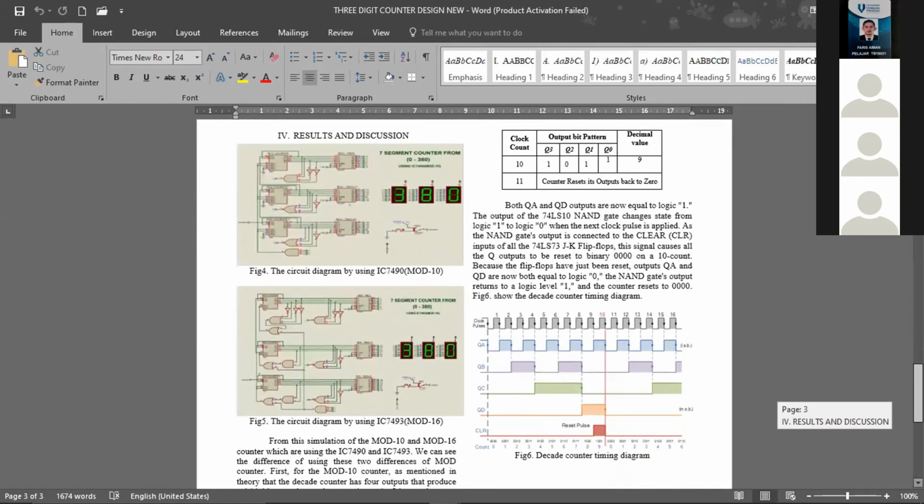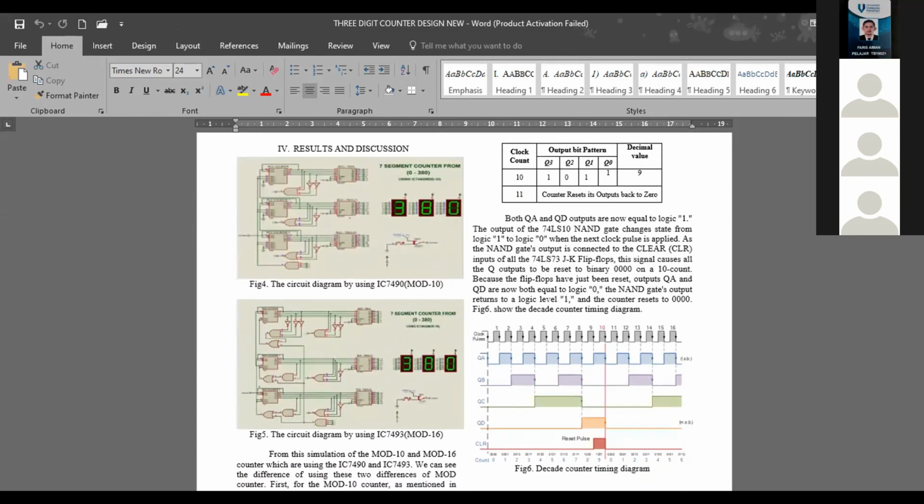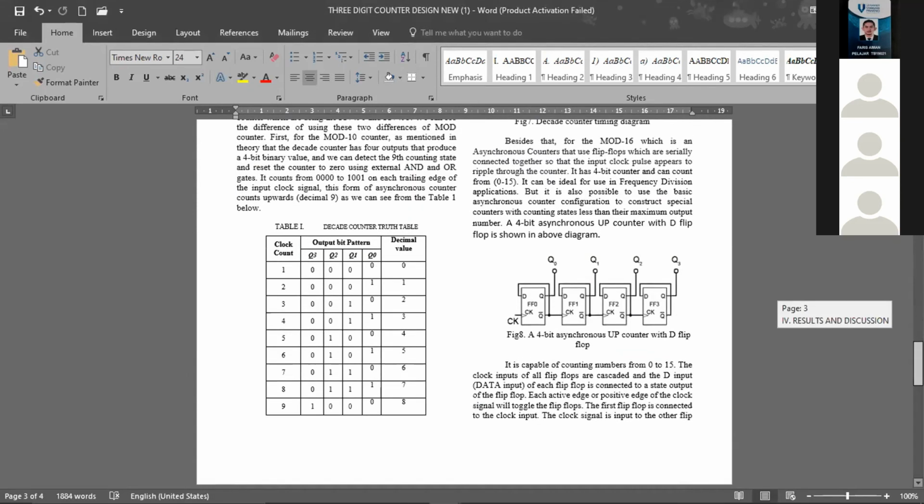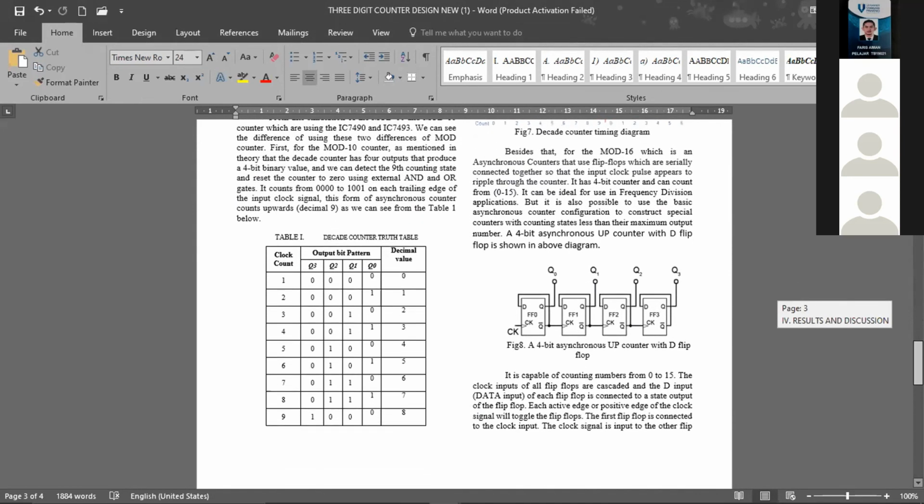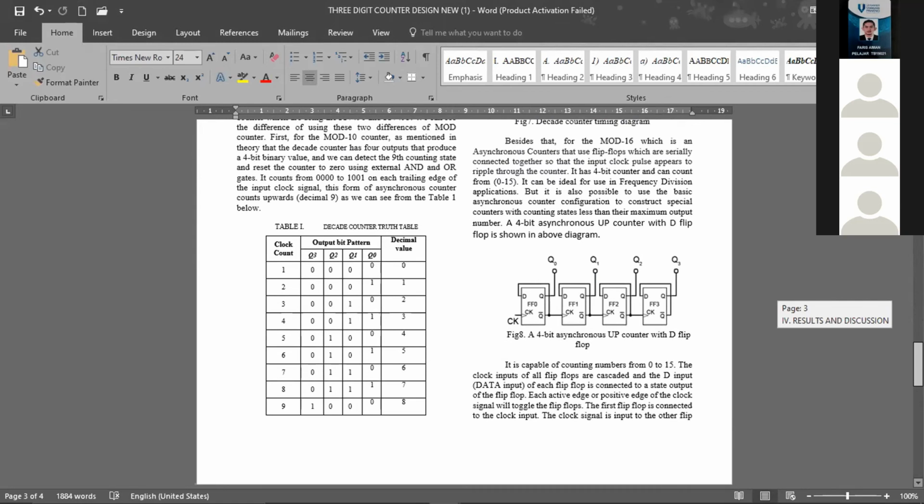Which one? This table, do you think it is okay or not? Yes, we use this table to generate our BCDs, our binary and decimal numbers, so it is appropriate to put here.